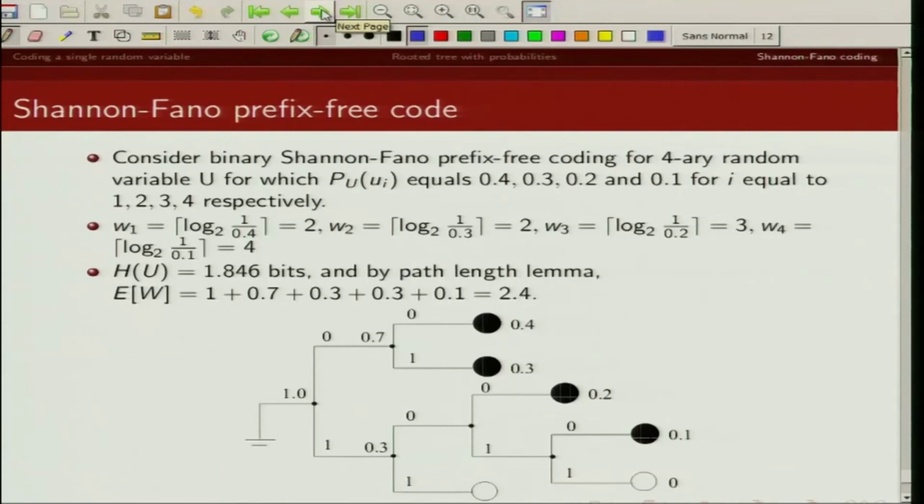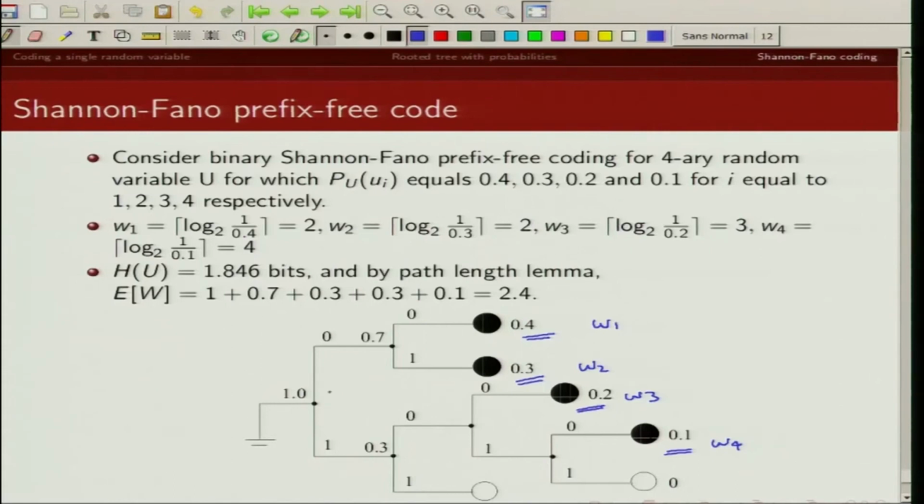So you can see here I have already pruned my tree of maximum depth 4, and this is the code word corresponding to u1, this is the code word corresponding to u2 of length W2, this is of length W1, this is the code word corresponding to u3 of length W3, and this is the code word corresponding to u4 of length W4.